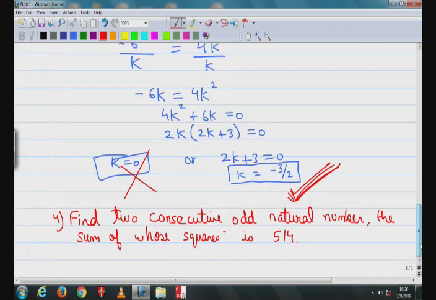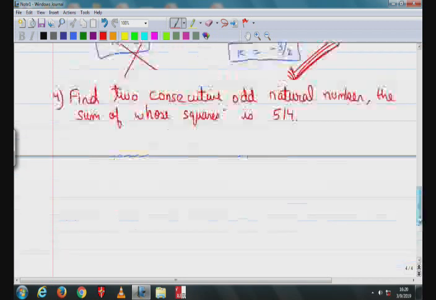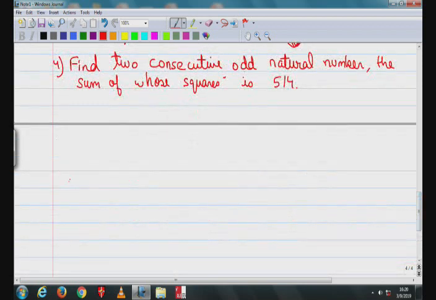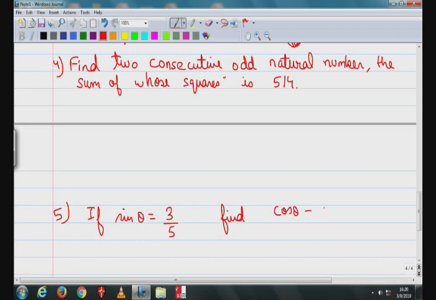Yes, Itanagar, that's the correct answer. All other students, please solve that question. Those who have done the fourth one, you can try the fifth one.